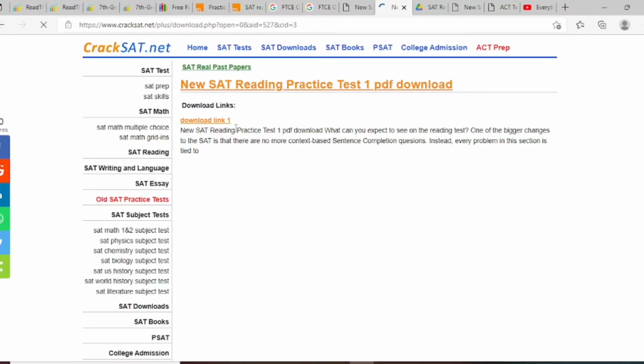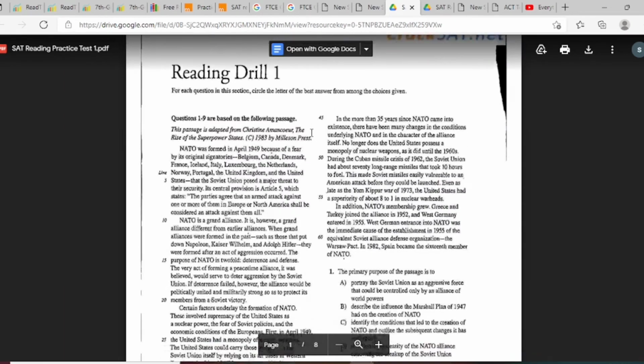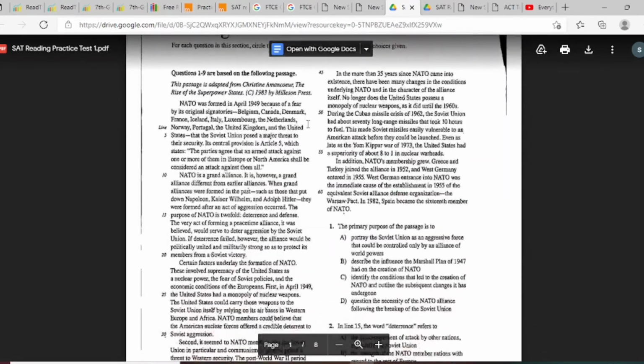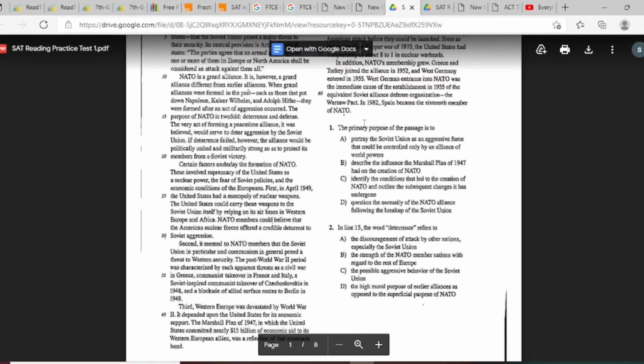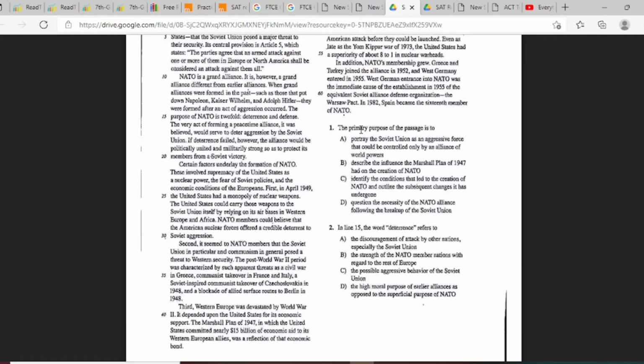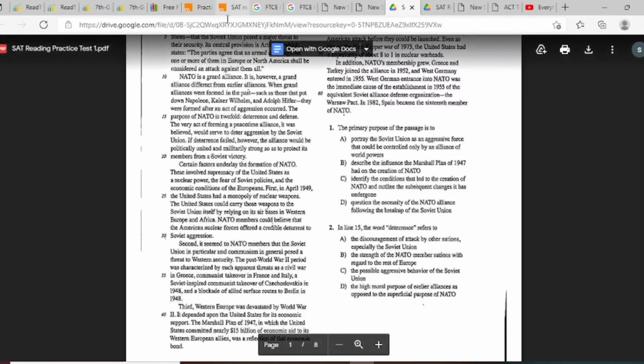There's a lot of ads on these pages. I don't know why. Maybe because it's free. Okay, so this is the passage. So it's good stems as well. When it comes to practicing with the SAT questions, you just have to know what question stems to practice with. So you're going to see a question like this on the exam.